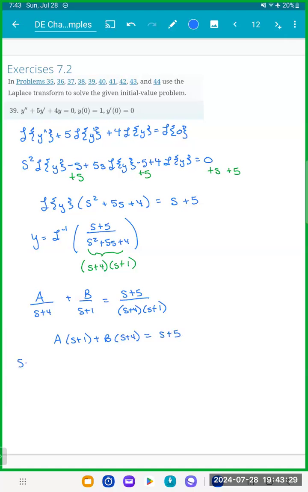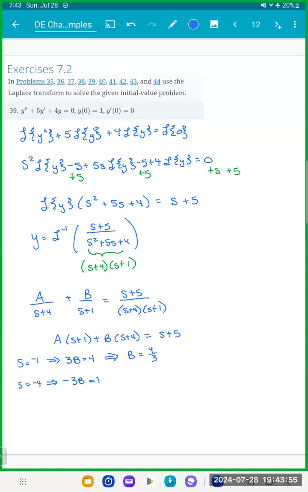So when our s is equal to -1, then we have 3b equals 4. Therefore, b is equal to 4/3. And when we have s is equal to -4, we have -3a is equal to 1.